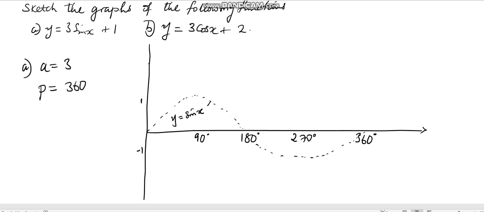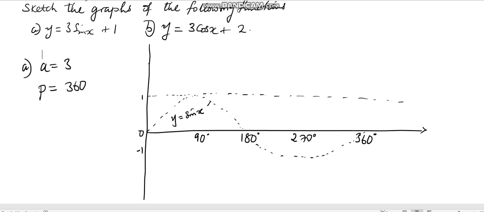So now if you look at the function that we have here, that we've been given in the question, you notice that there's a +1 here, meaning that this graph will move this base, the 0 line here, will shift it 1 unit up, so meaning that our 0 line then will be somewhere there.